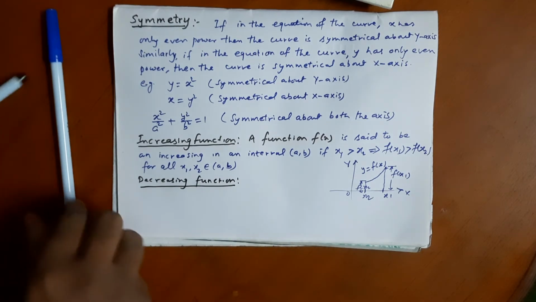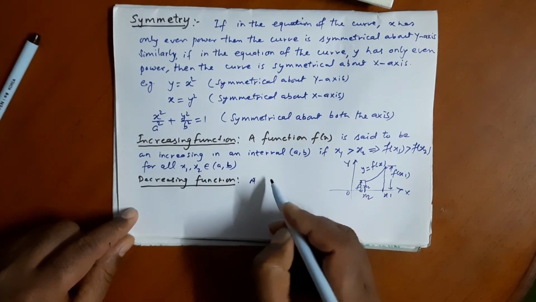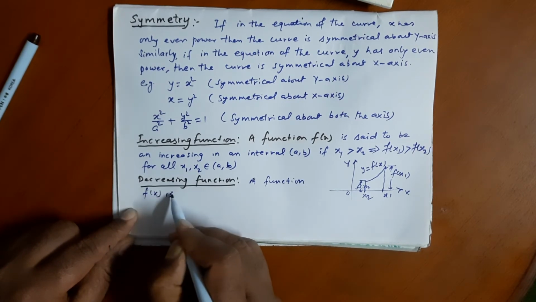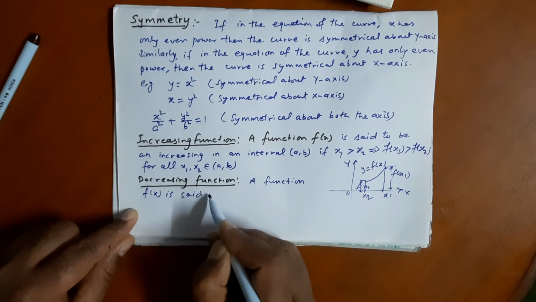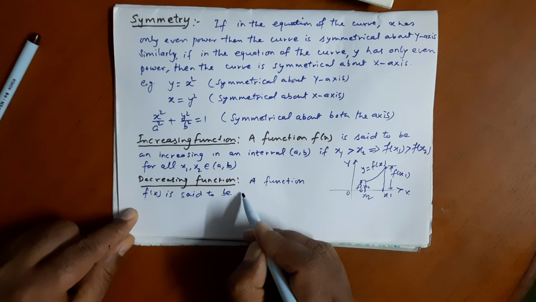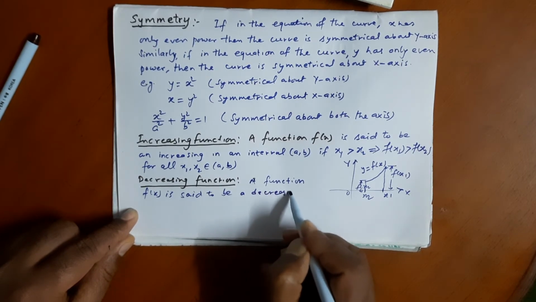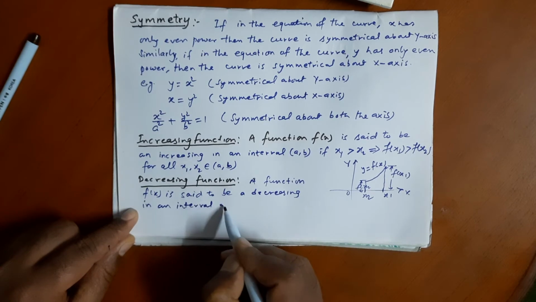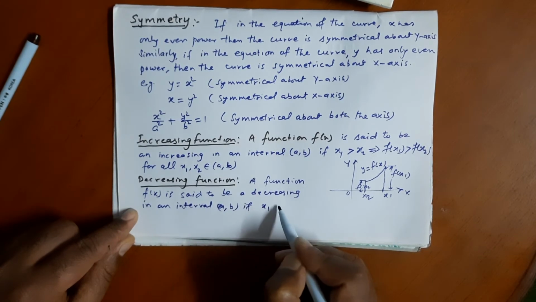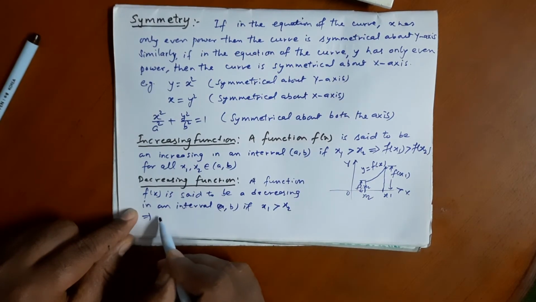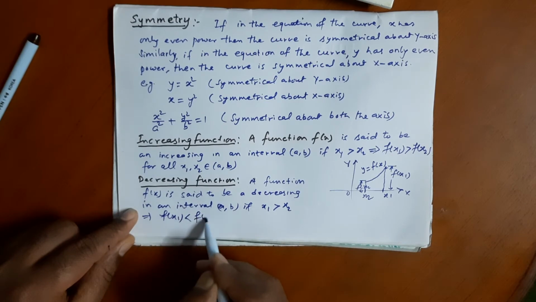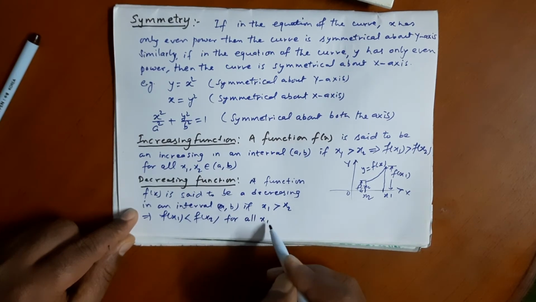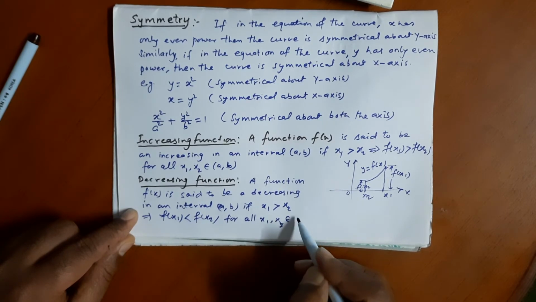A function f(x) is said to be a decreasing function in an interval AB if x1 bigger than x2 implies f(x1) is lesser than f(x2) for all x1, x2 belonging to AB.